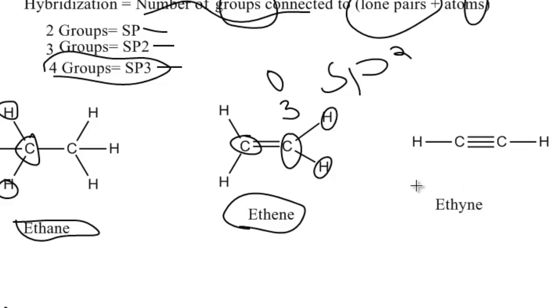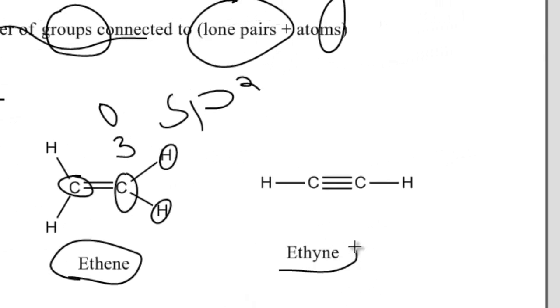Alright, now let's take another example, ethyne. The Lewis structure for ethyne looks like this. There is a triple bond between the carbons. To find the hybridization of the carbon on the right, we do the same thing, finding how many lone pairs and how many atoms. Lone pairs, same thing, there are 0 lone pairs.